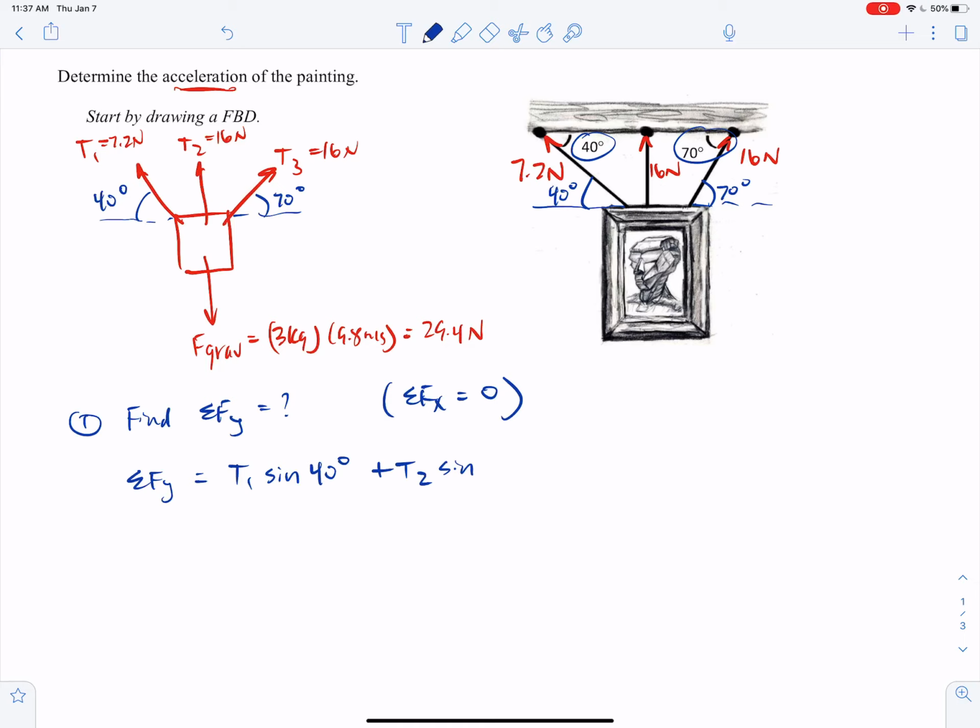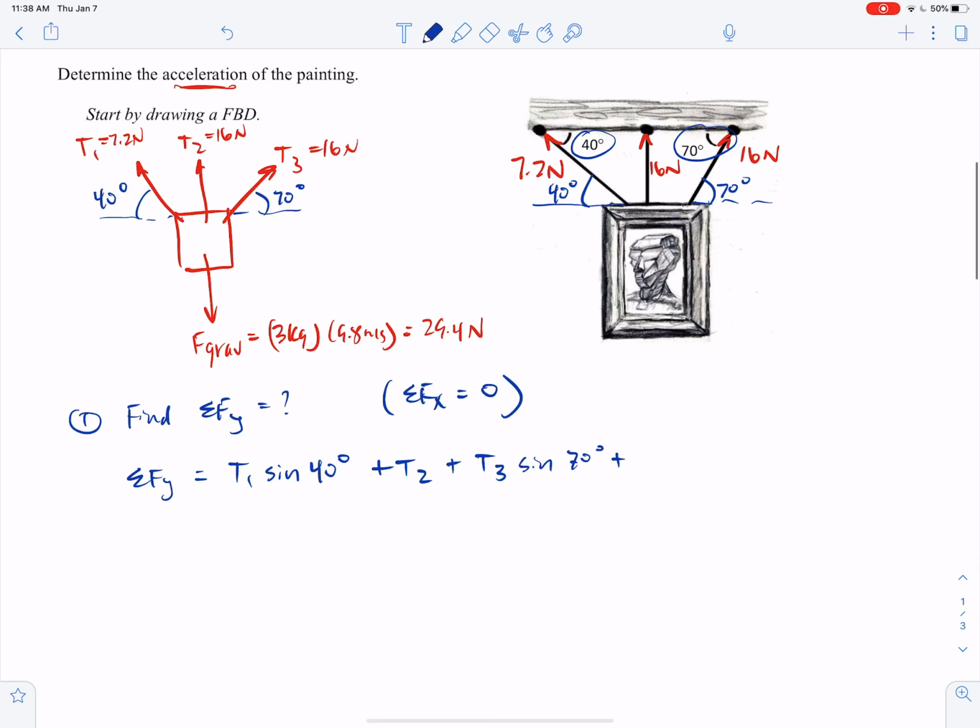So I'm going to leave that out. And then T3 times the sine of 70 degrees. Okay, those are the 3 upward forces, and then there is one downward force, which is the force of gravity. So I'm going to say plus the negative force of gravity on the painting.